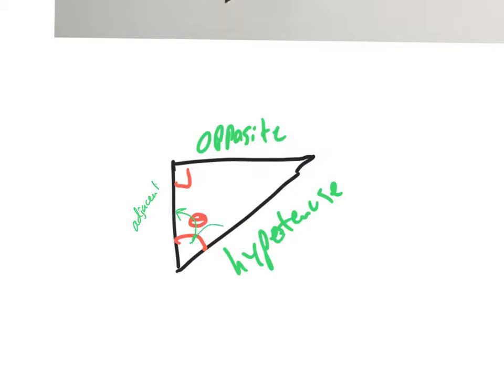The hypotenuse is also next to this angle, except it's the longest one. We can tell because it's across from the 90-degree angle, and so it gets a special name, hypotenuse. So based on this angle, we have the opposite side, the adjacent side, and the longest side is the hypotenuse.